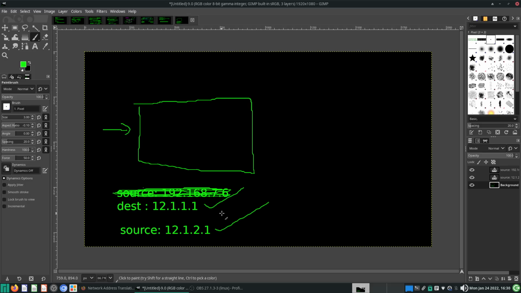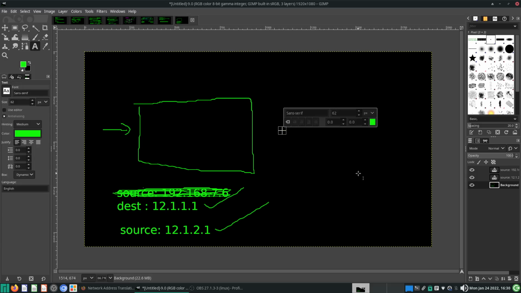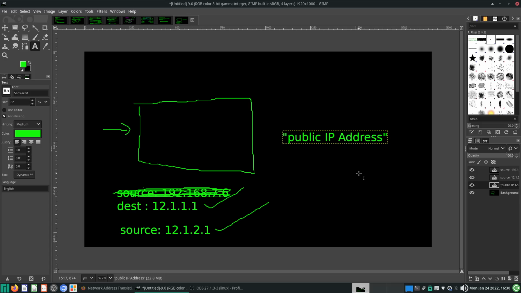So this is what we call the public IP address. If you go and Google what your public IP address is, it will be different from your private IP address.